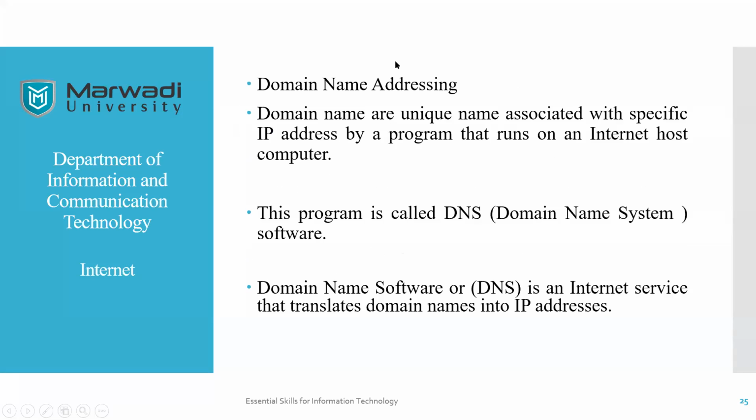Domain names are unique names associated with a specific IP address by a program that runs on an internet host computer. This program is called DNS, also known as the Domain Name System. DNS is an internet service that translates domain names into IP addresses.